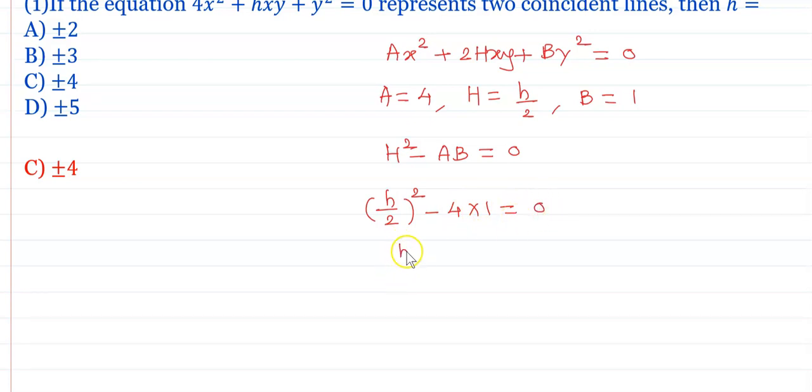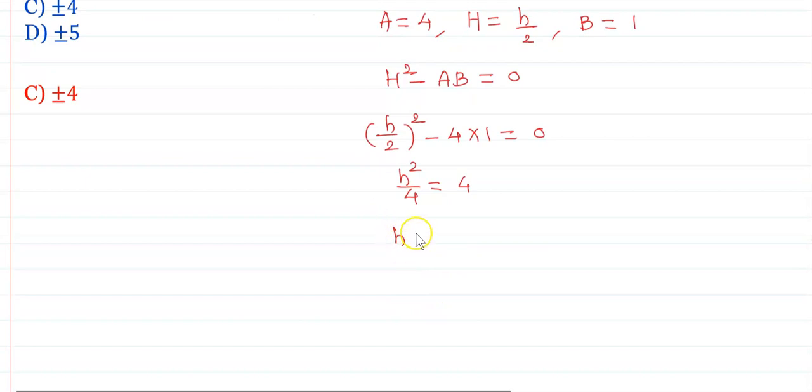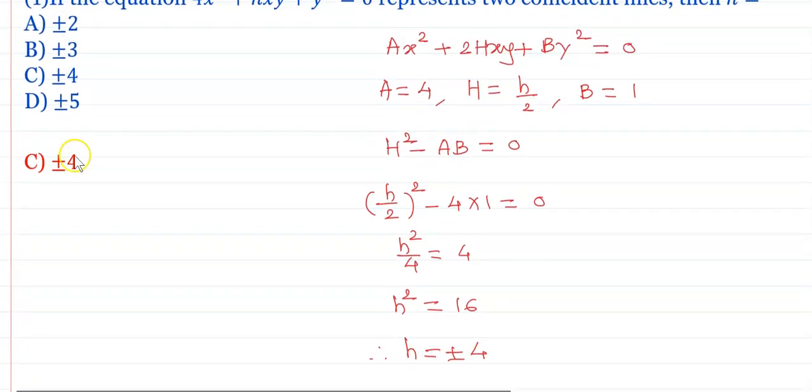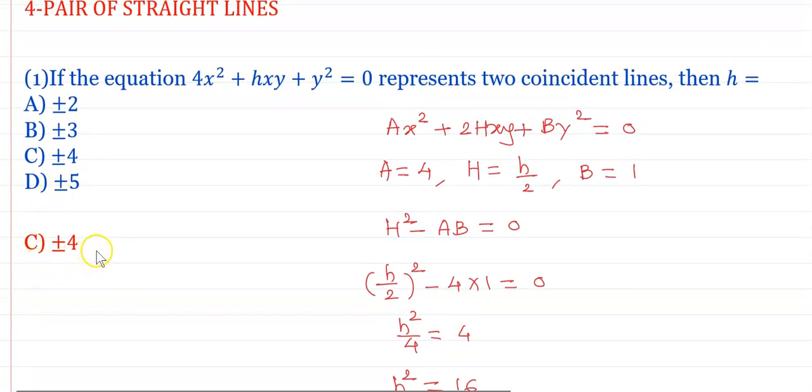And therefore h square upon 4 is equal to 4, and therefore h square is equal to 16, and hence h is equal to plus or minus 4, and hence option C is the correct one.